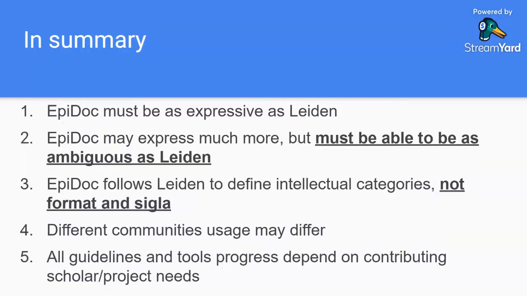And the point that we started with, and that Polina also made, is that the EpiDoc is using the intellectual categories of Leiden rather than the specific sigla and formats of Leiden. And that's important because different communities may use different Leiden or Leiden-like conventions, but they can use the same EpiDoc to represent the same intellectual categories, and then they just choose to render it in a slightly different way.